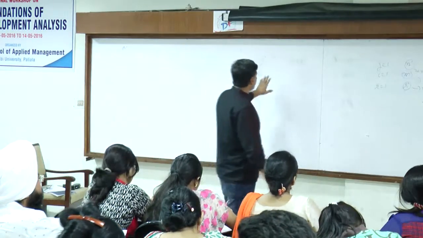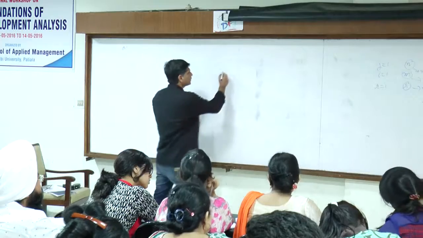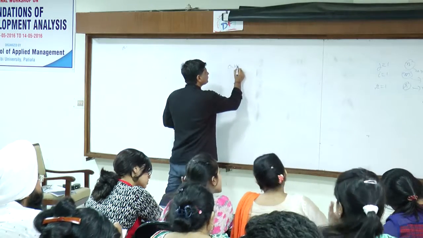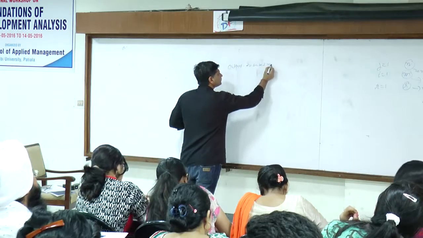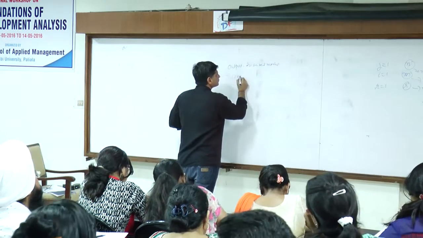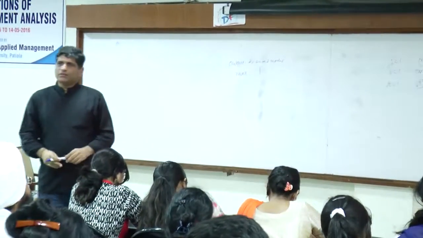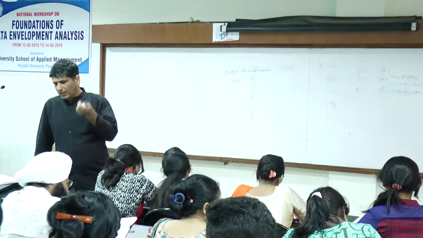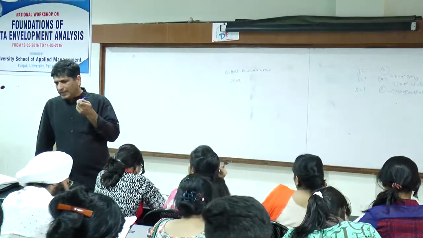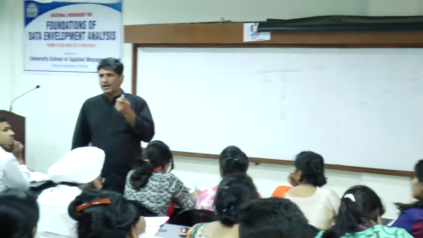Now what is the model? I will talk firstly about the output and the model. In linear programming, if you have studied it, every linear programming problem, LPP, has 2 parts.